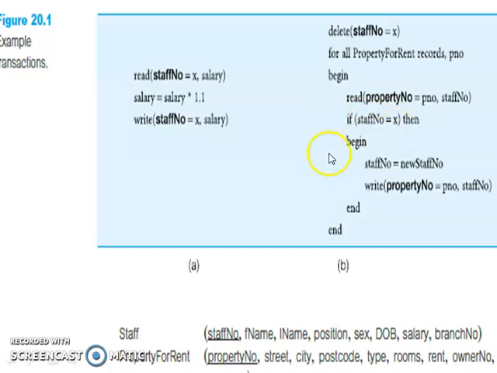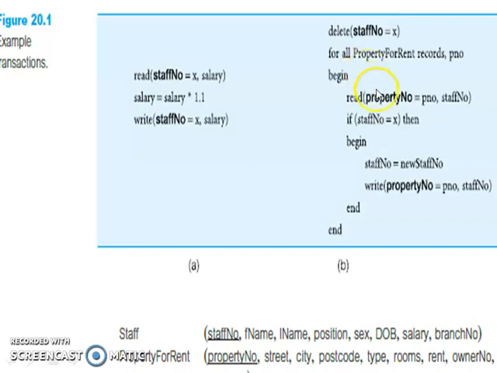So we need to find the rows of this staff number X before deleting and then reassign them to a different member of staff, new staff. If we have not done this, referential integrity will be lost and the database will be in an inconsistent state.